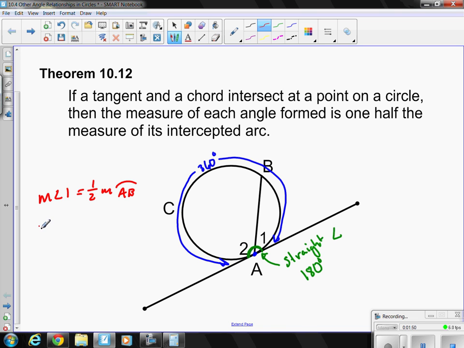Or likewise, the measure of angle 2, we double that, that would equal the measure of arc ACB, the major arc. Now notice either one of these formulas would work for either one, taking half of the arc or doubling the angle.